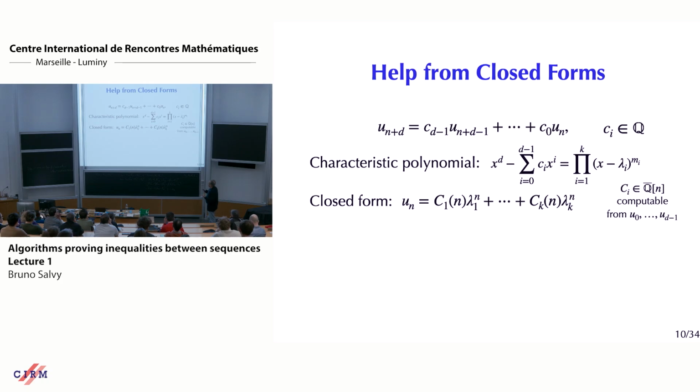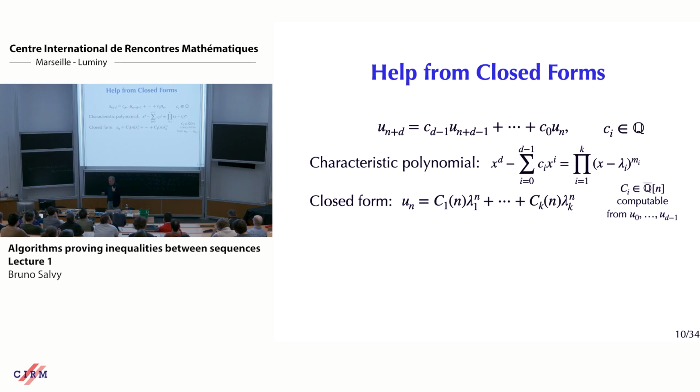So you have powers of the lambda_i's that are the roots of the characteristic polynomial. Sometimes, because you'll see later why, I will mistakenly call them the eigenvalues of the recurrence, but that's what they will be soon. And so you have powers of the eigenvalues multiplied by polynomials, and the polynomials can be computed from the initial conditions.